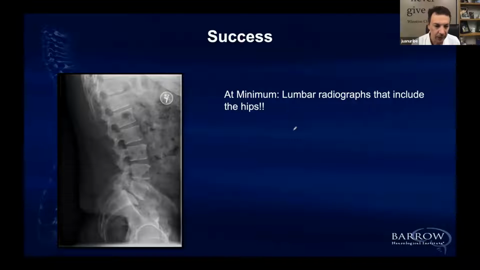It's a mess. The good thing is that as long as you have X-rays where you can see the S1 end plate, the heads of the femur, and L1, you can measure the pelvic incidence, the pelvic tilt, and the lumbar lordosis. So you actually have everything.